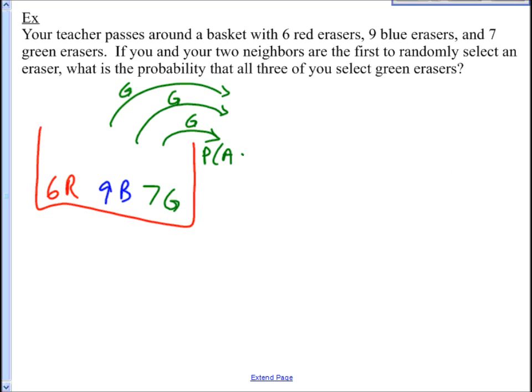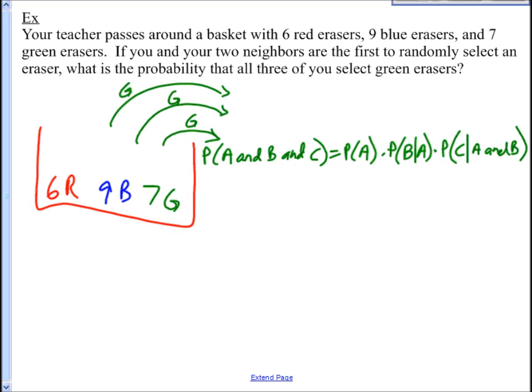Probability of A and B and C: probability of A times probability of B given A times probability of C given A and B. The A and B occurred here. Okay, the A and B occurred.